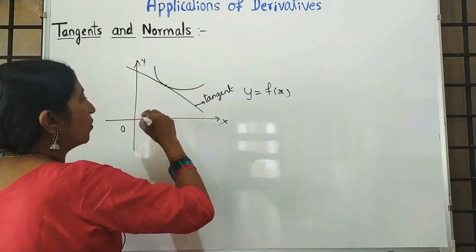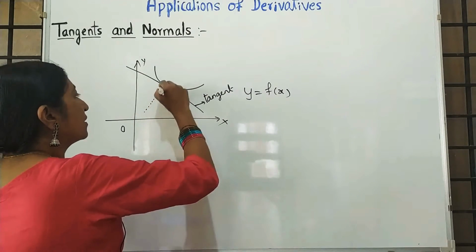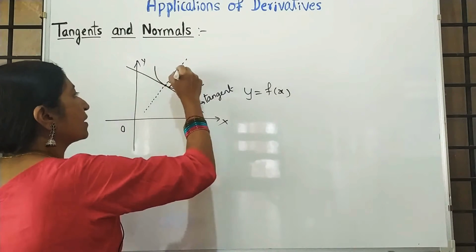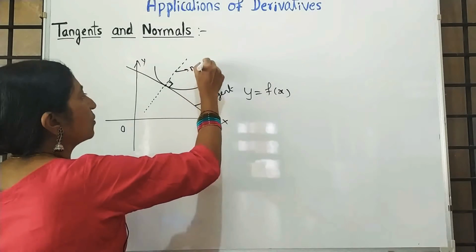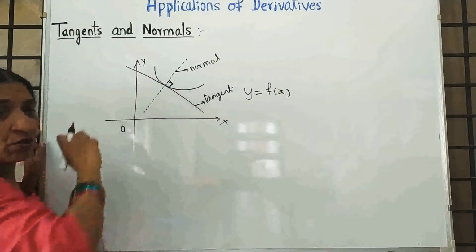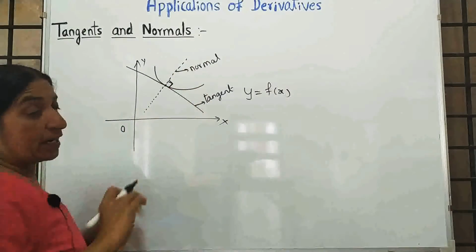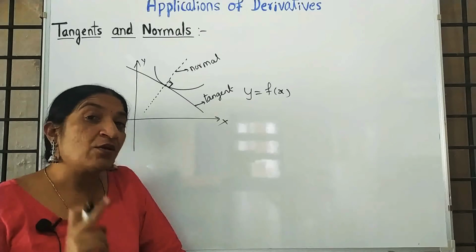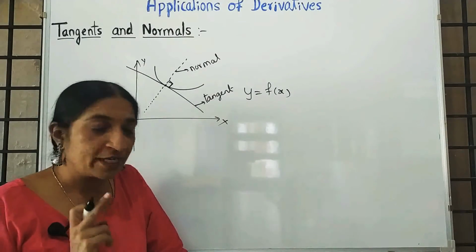And a line which is perpendicular to that tangent, at the point of contact, is called normal. So tell me then what is the relation between tangent and normal? Tangent and normal are perpendicular to each other.